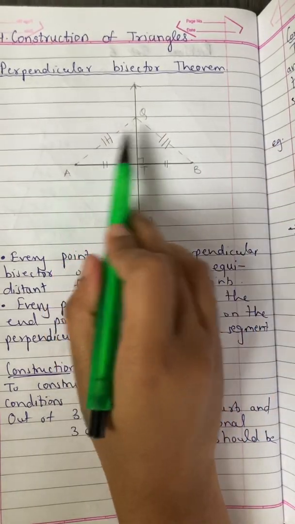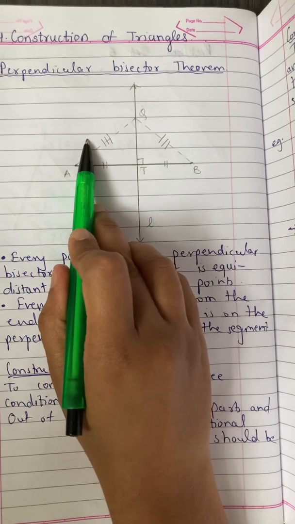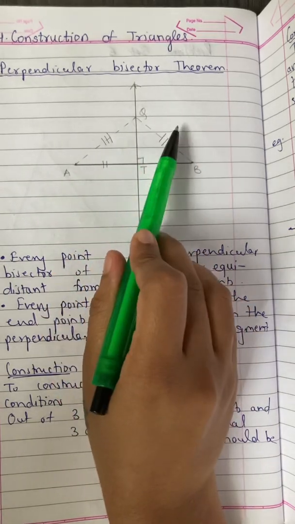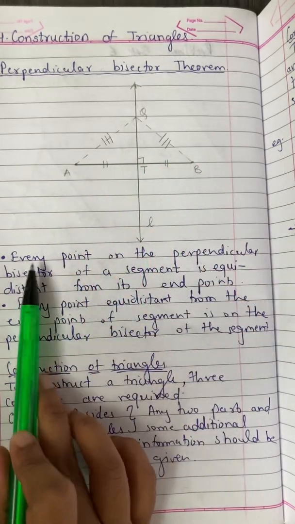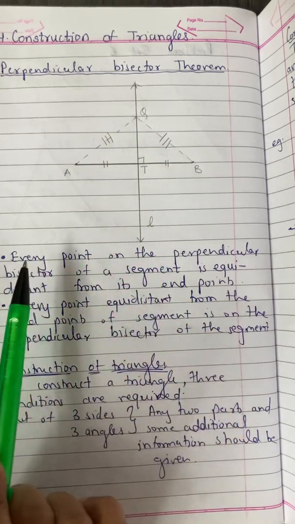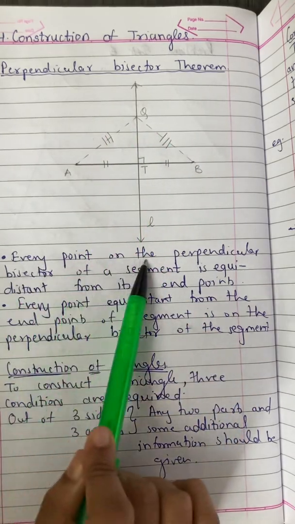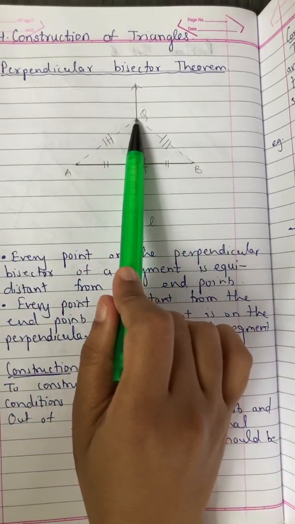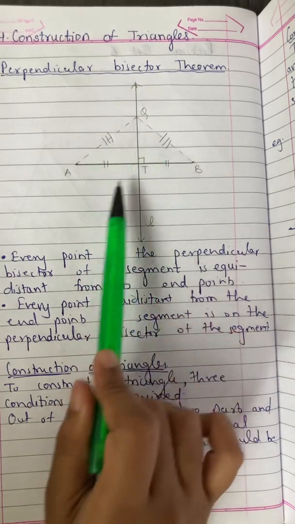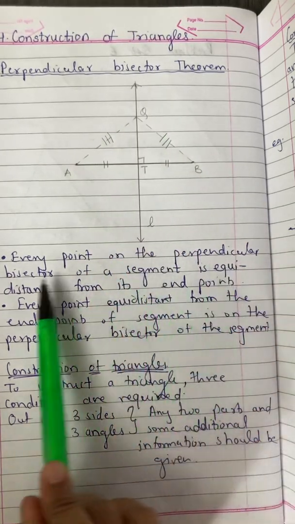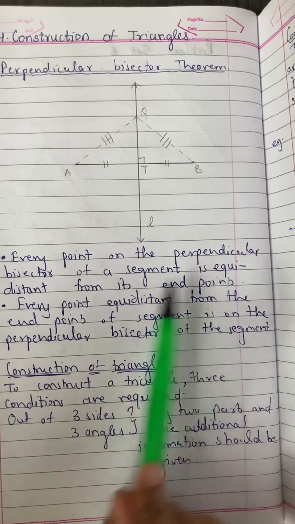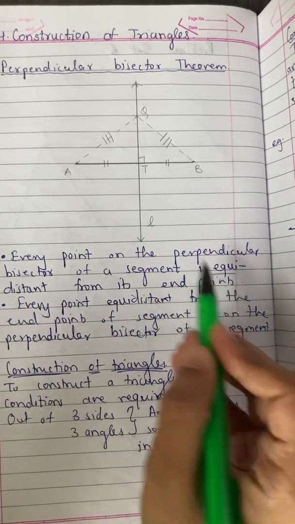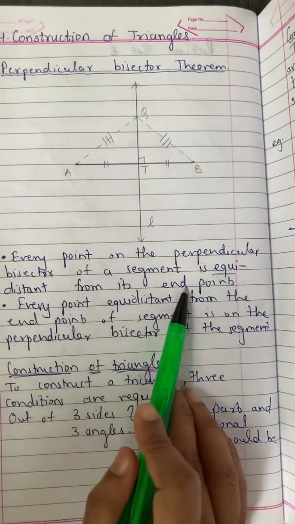If this is 4, then this will also be 4. So the perpendicular bisector theorem states: every point on the perpendicular bisector of a segment is equidistant, that is, at equal distance, from the end points of the segment.